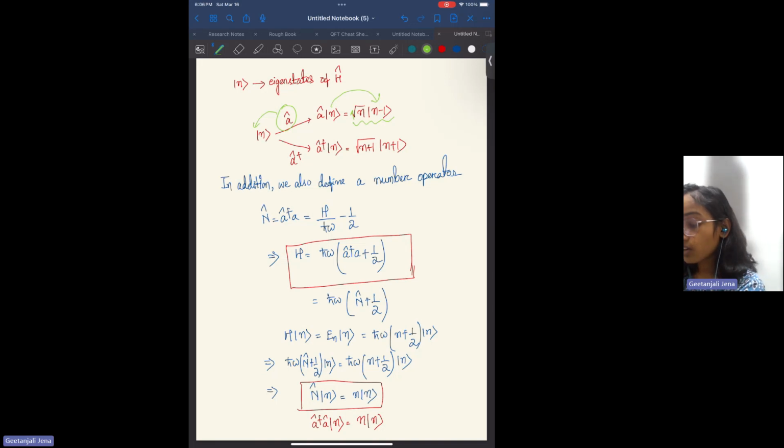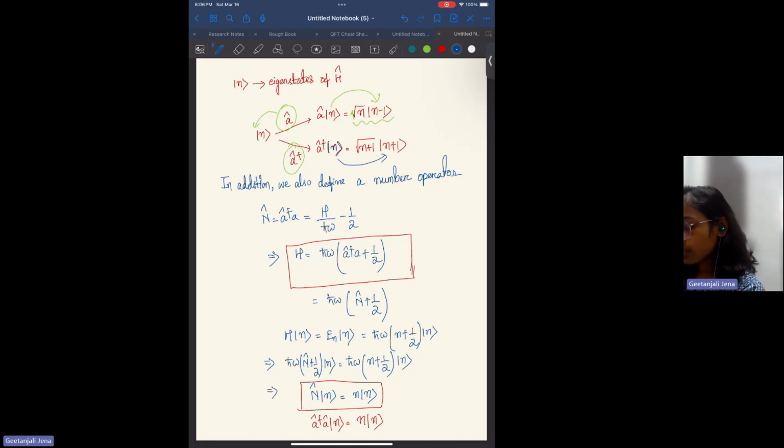In contrast to this lowering operator, we have another operator, that is the raising operator. What it does is it takes the state n to n plus 1.